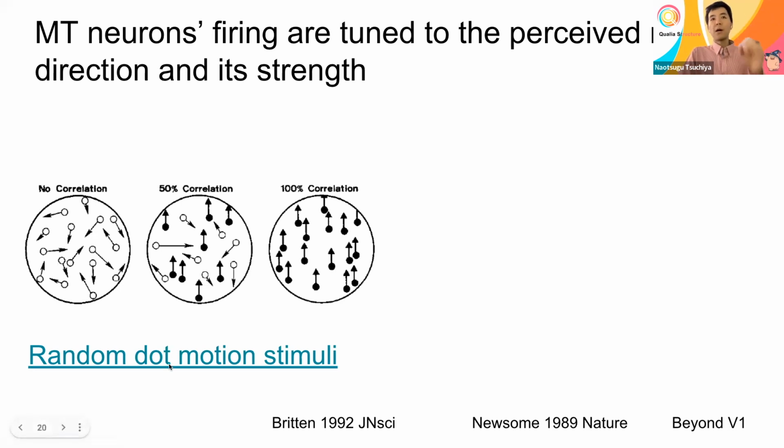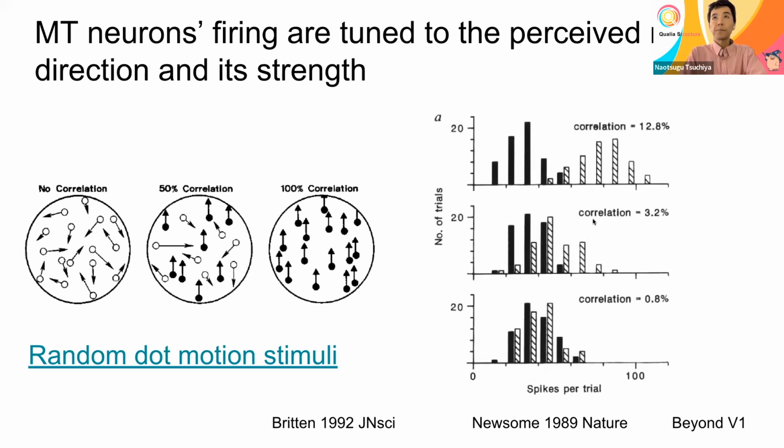So let's say you find a particular neuron that responds to upward motion in a particular area, let's say to the right of your visual field, then it responds very strongly when all the dots are moving upward. And if the proportion of dots going upward decreases, then the response also decreases.